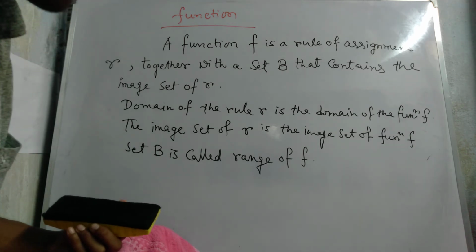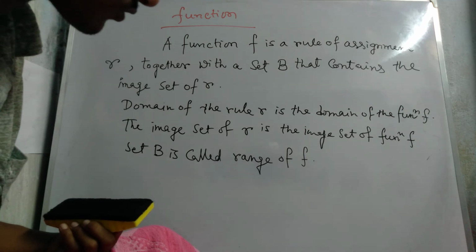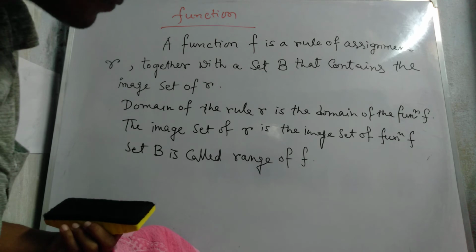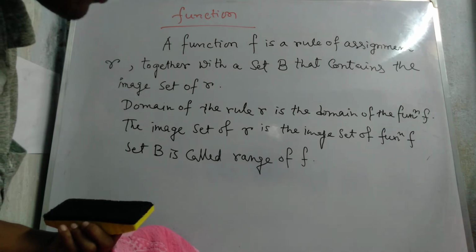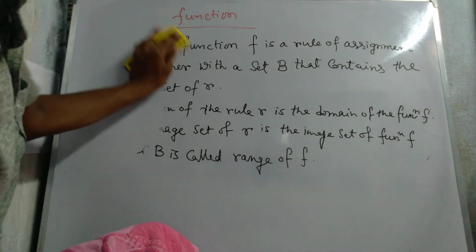If R is the rule of the function f, then f(a) denotes the unique element of B such that (a, f(a)) belongs to R.